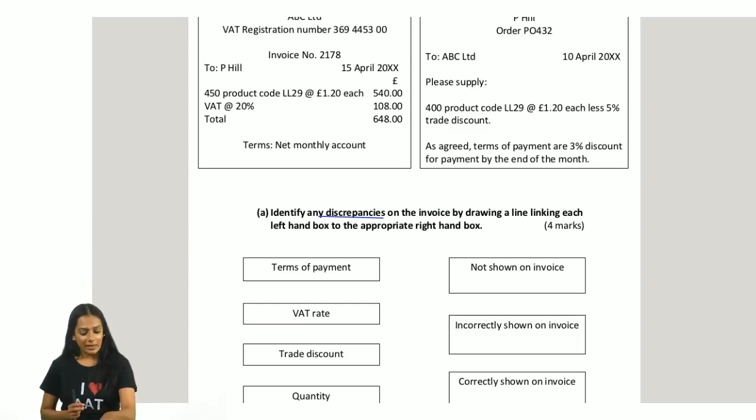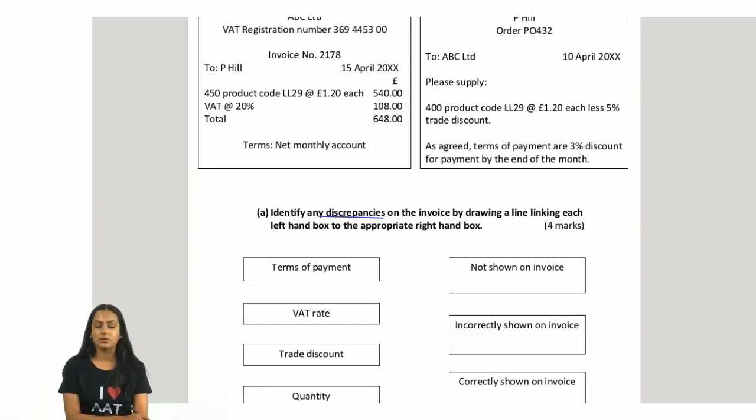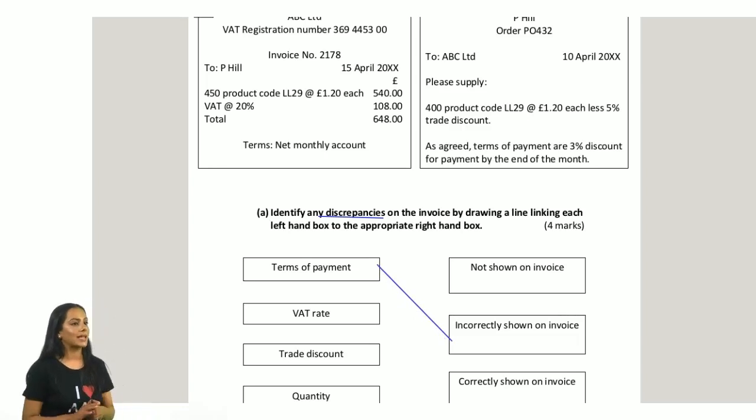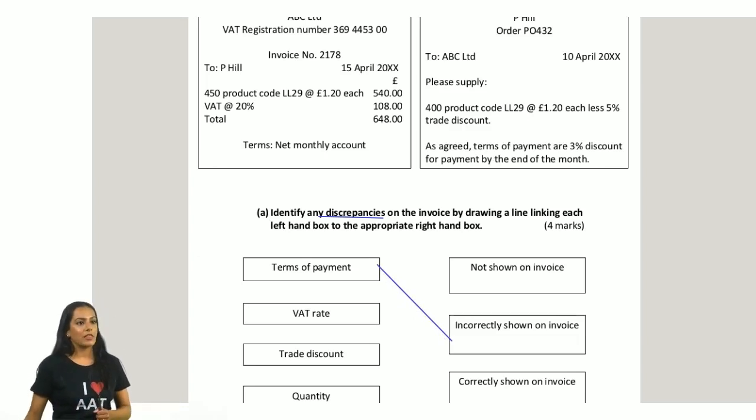But in the invoice, it says no discount was applied at 3%, and the amount is going to be due within 30 days of the invoice date. So I can see very clearly that the terms of payment is incorrectly shown on the invoice. So I'm going to be dragging and dropping or selecting that item to the relevant description. And this is what I need to do to gain all 4 marks.